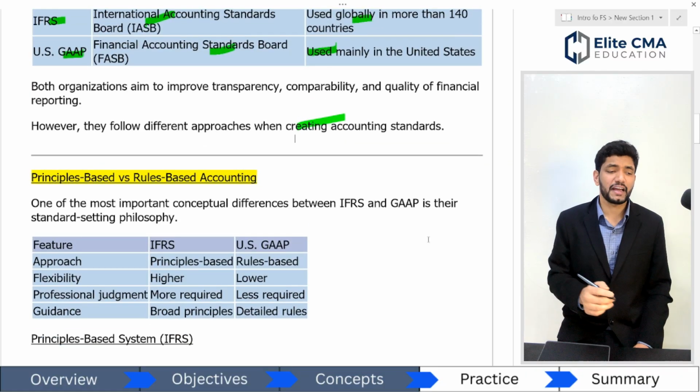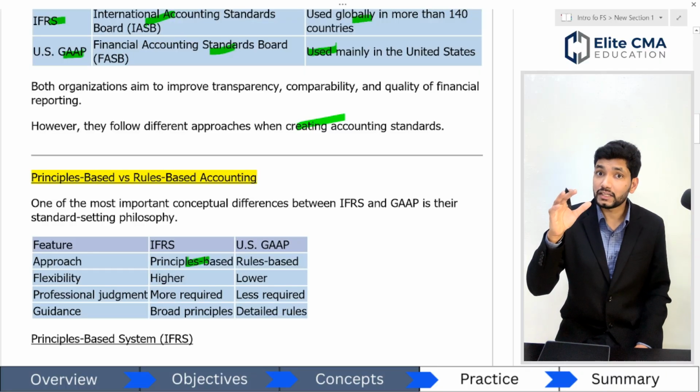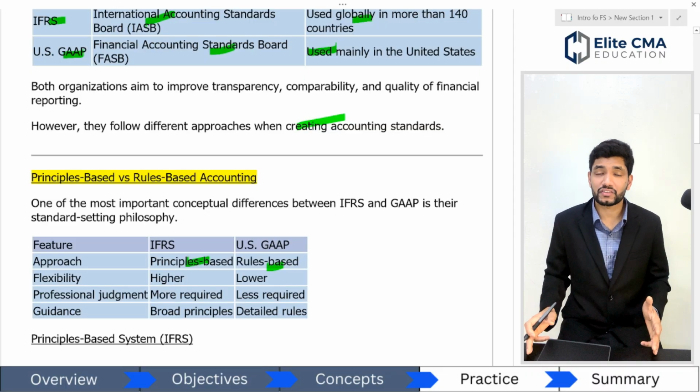Now, the principle-based versus rule-based accounting system. IFRS is considered a principle-based accounting system, while US GAAP is rule-based. What is principle-based? What is rule-based?